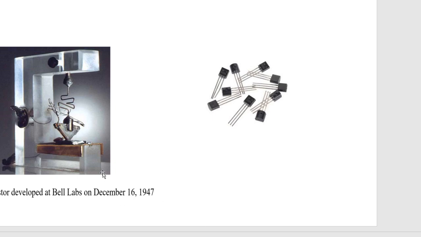So can anybody imagine what is shown in this diagram? This is nothing but the first transistor developed at Bell Labs on December 16, 1947. This was one among the most important inventions in the field of electronics and communication that has even changed the world.